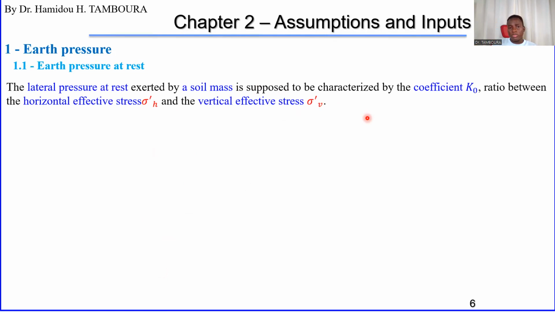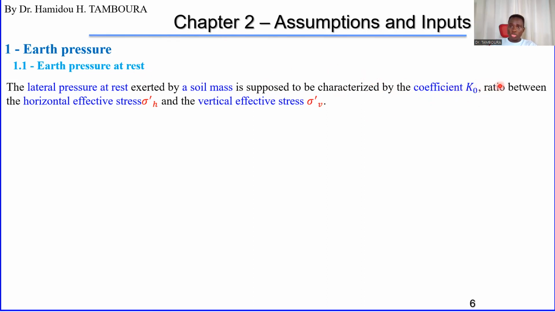And this lateral earth pressure is obtained by using this K0. This K0 is the coefficient of the earth pressure at rest when the soil is not moving.